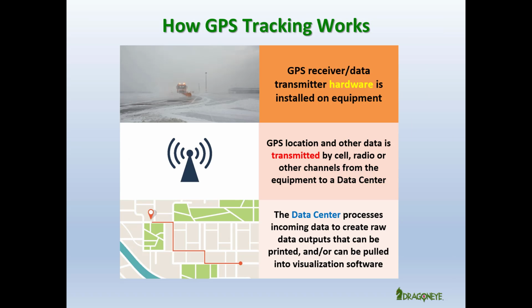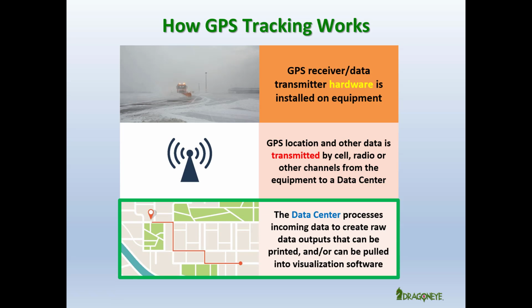Alright, the last major component to the generic GPS tracking system is the data center. Essentially, the data center is the software which collects, routes, and converts incoming GPS tracks and associated data into signals which can then be ingested into other systems so they are delivered to humans in a meaningful way.